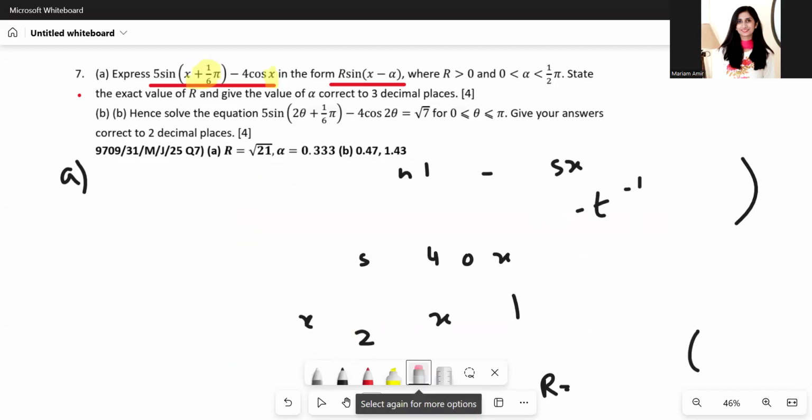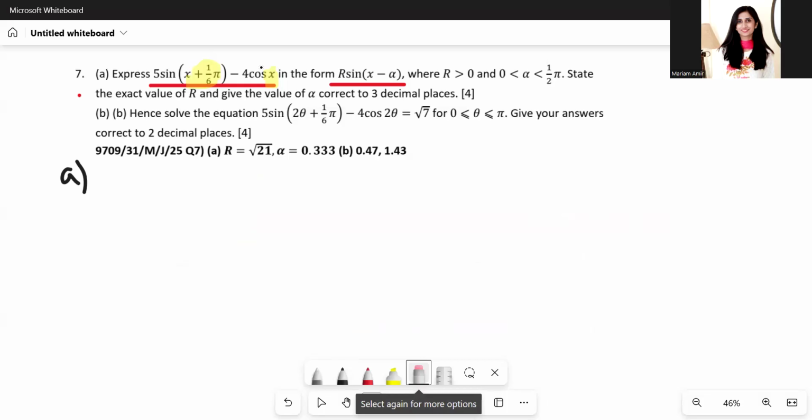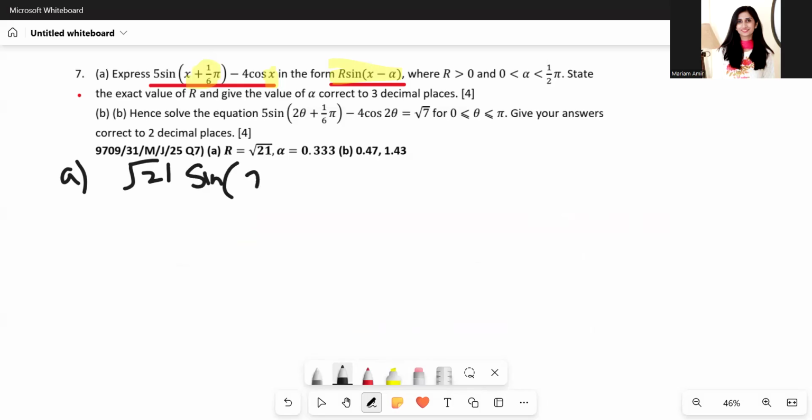So from part A, we know that we can write that as r, square root of 21, sine x minus 0.333. Okay.